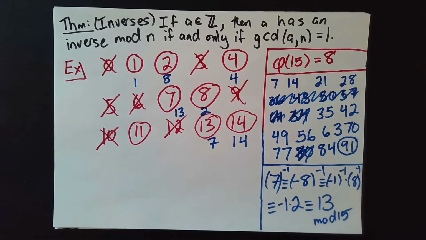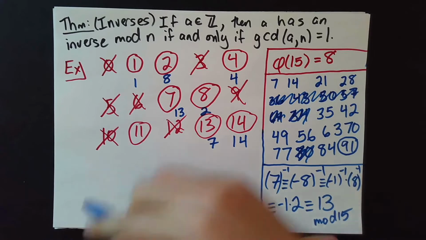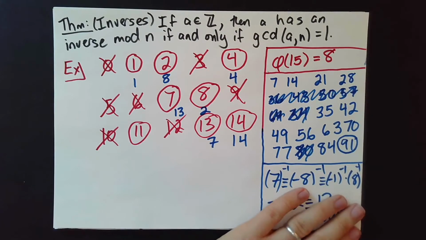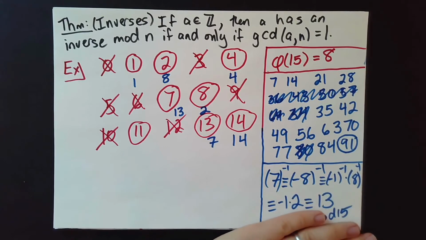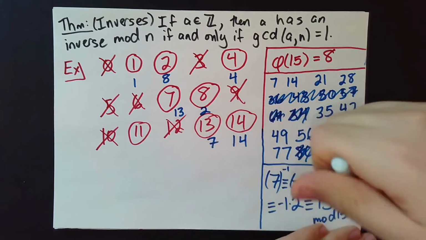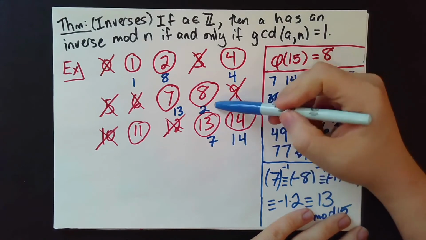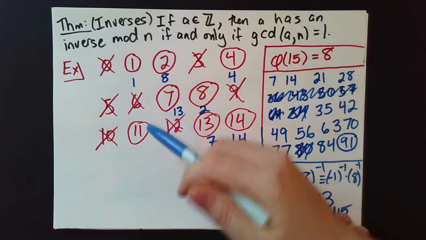Okay, so what's 11 inverse? Now, you can think through all the multiples of 11, and wait until you find one that's one more than a multiple of 15. You could also try this minus trick. But actually, there's something even easier, which is to note I have filled in the inverse of literally every number except 11.